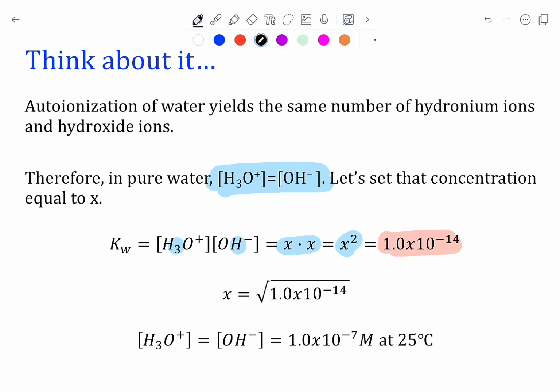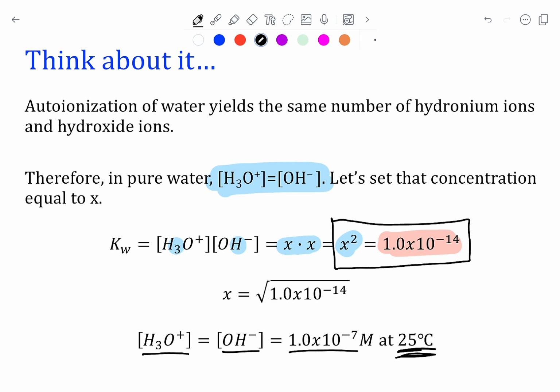That's just basic algebra, and I can solve for X by taking the square root of 1 times 10 to the minus 14. I get that in pure water, the concentrations of H3O+ and OH- ions are both equal to 1 times 10 to the minus 7 molar. And again, this is specifically at 25 degrees Celsius.